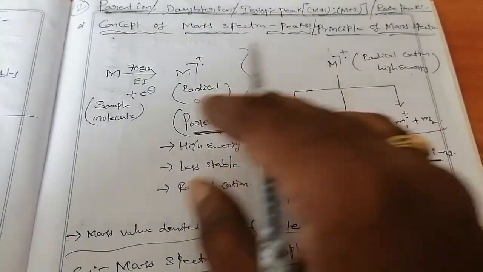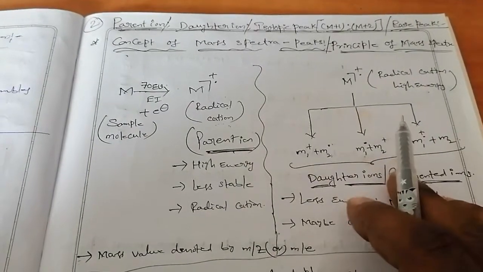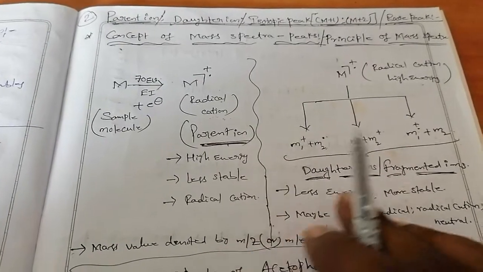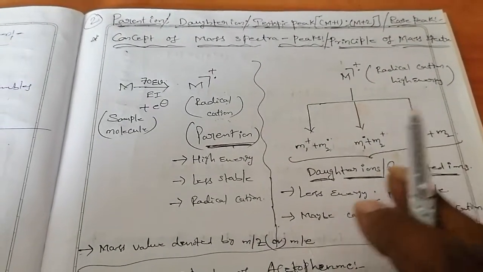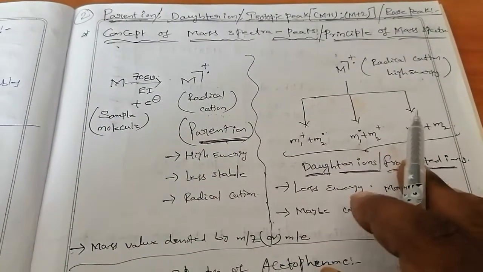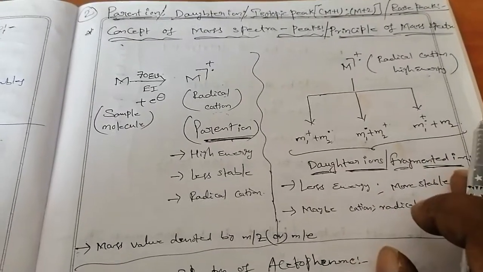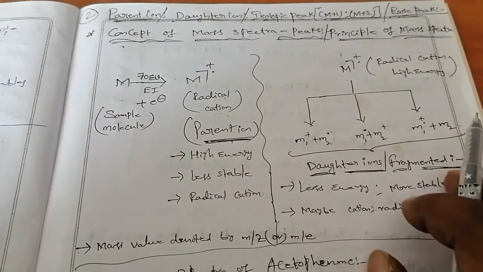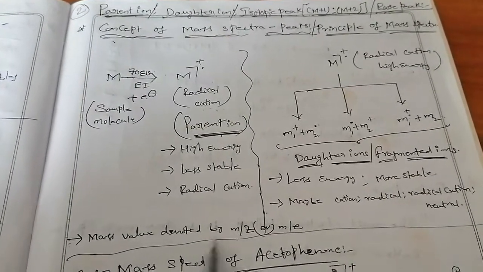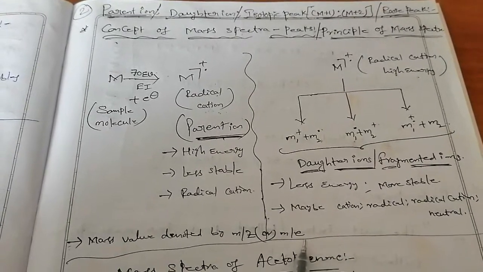Now, based on this explanation with the help of symbols, I am giving a particular example of how it fragments into daughter ions and how we get the parent ion. Whatever ions are there will be explained in terms of m/z values in the mass spectra. Mass values can be denoted by m/z or m/e, meaning mass per charge.